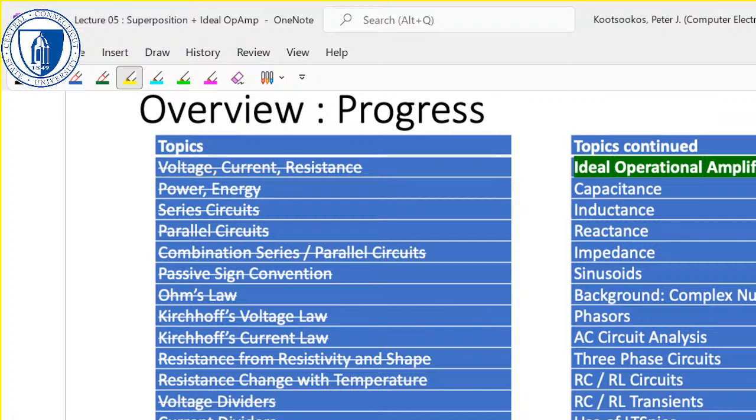Mesh analysis and nodal analysis are probably the most complicated things we do. Superposition isn't that complicated, it's just another tool we can use, and Thevenin's theorem and Norton's theorem is also not that complicated. The thing that makes superposition or Thevenin and Norton complicated is they're an adjunct to mesh analysis or nodal analysis.